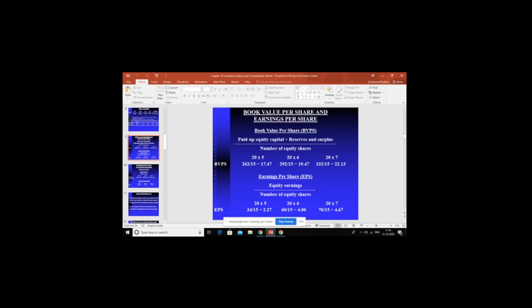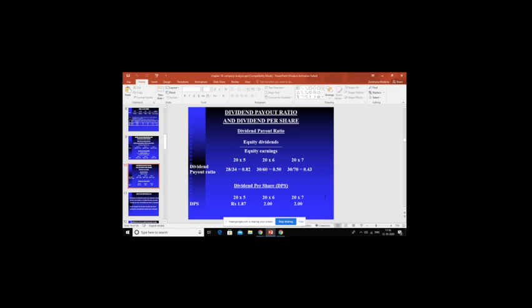Earning per share is equity earnings divided by number of equity shares. So this represents your book value, historical value, and this represents your ongoing value. So these ratios are also important.